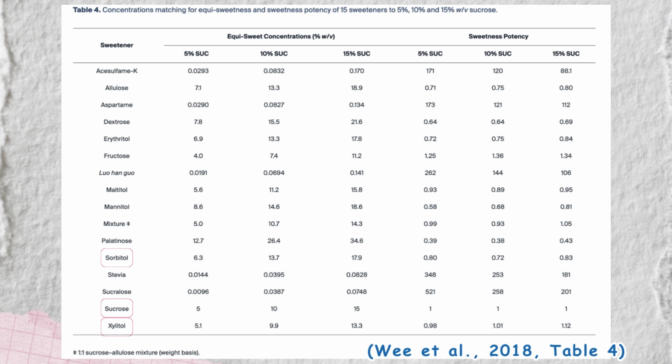We can see that at 5% concentration, it's at 5, and so on. If you compare that with sorbitol and xylitol, xylitol has a closer concentration to sucrose compared to sorbitol. This means that xylitol is one of the better substitutions for sucrose, as the sweetness is around the same as sucrose compared to sorbitol.